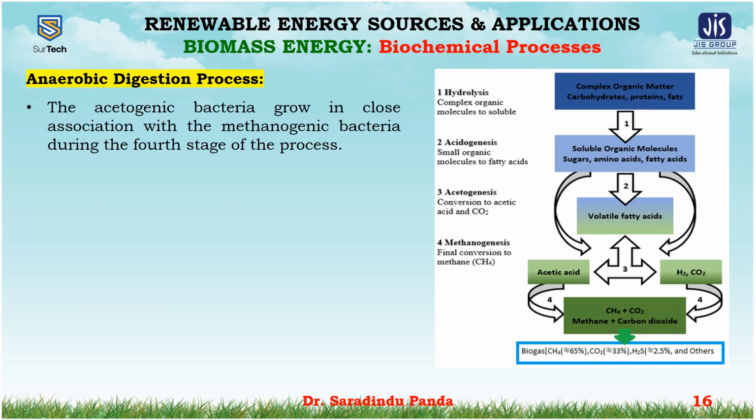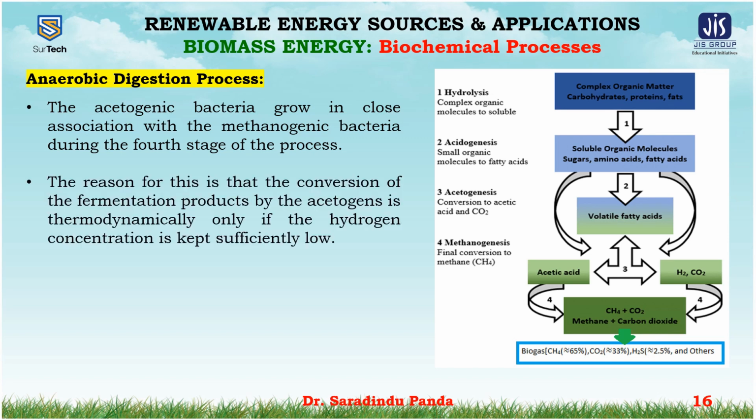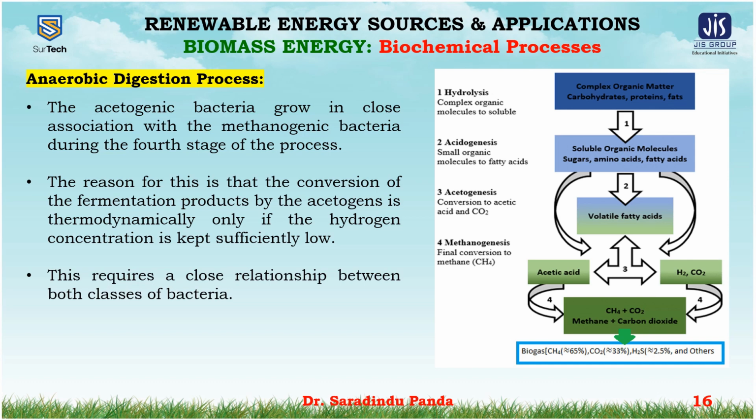The acetogenic bacteria grow in close association with the methanogenic bacteria during the fourth stage of the process. The reason for this is that the conversion of the fermentation products by the acetogens is thermodynamically favorable only if the hydrogen concentration is kept sufficiently low. This requires a close relationship between both classes of the bacteria.